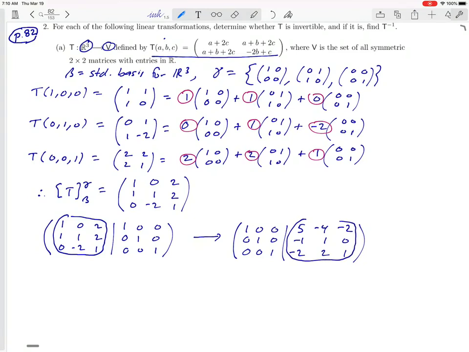This matrix over here to the right should be the inverse of the matrix that we started with, and so far what we know is that the matrix of T inverse going from gamma coordinates to beta coordinates should look like this.